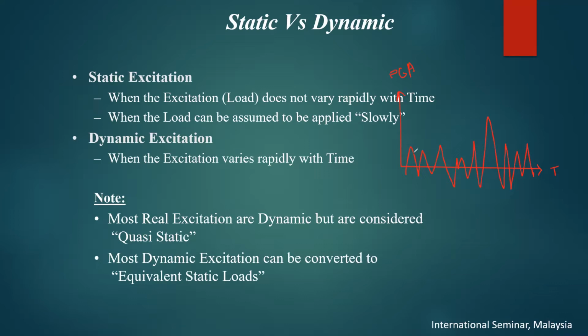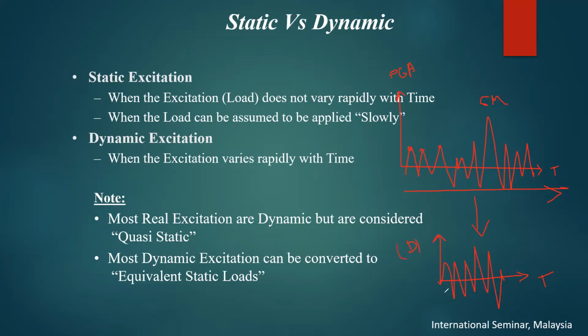So with respect to time, the response is changed. This is the ground motion. If you apply this earthquake, you will see the response of the building is also changed. So this could be the time, and this could be, for example, displacement.